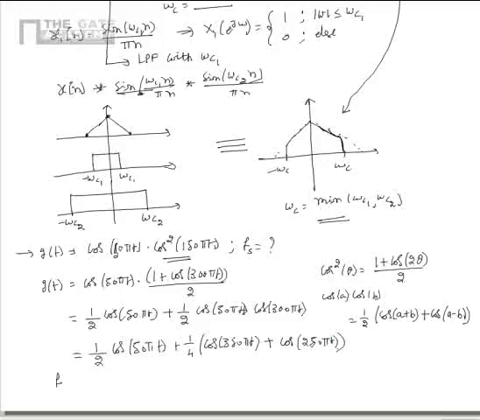From this, we see that the cutoff frequency of the signal g of t is equal to 350 pi radians per second. Sorry, this is omega c. From this, the cutoff frequency fc is equal to 175 Hz. So the sampling frequency fs is equal to 2 times fc, that is equal to 350 Hz. From this, we can say that the Nyquist sampling frequency of the signal g of t is 350 Hz.